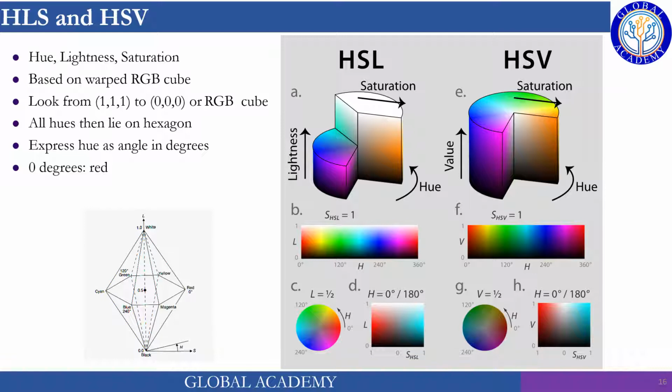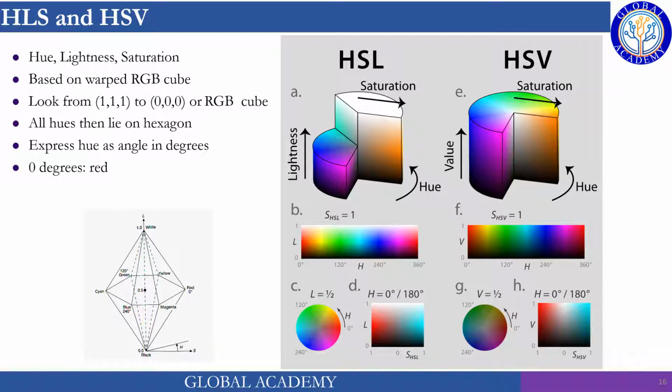And similarly in HSV, it's a little different. Once again, colors are mapped around the circle. At 0 degrees is red, and once again the same sequence. So the H value is the same in the case of HSL or HSV.